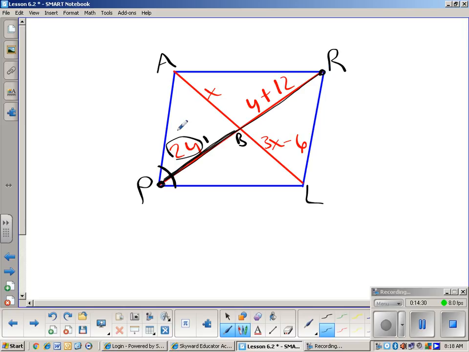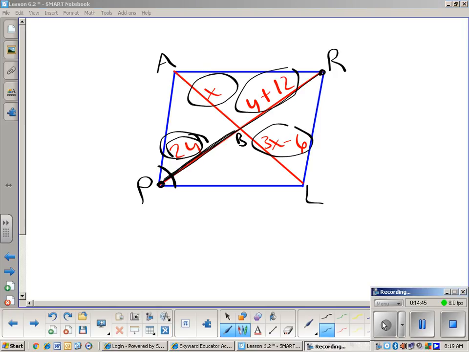Does that mean all of these are equal? If they cut each other in half, does it mean they're all equal? Pay attention here. This is an important concept. Are we saying all four of these are equal? So the question was, I've circled four numbers here. Are they all the same? Does bisect each other mean that all of them are the same?